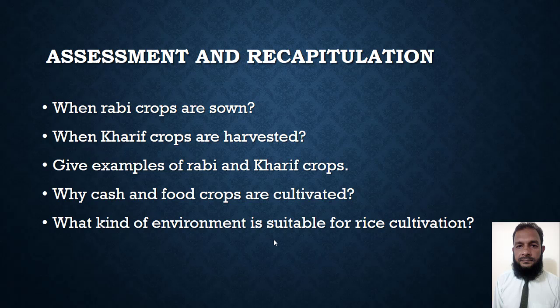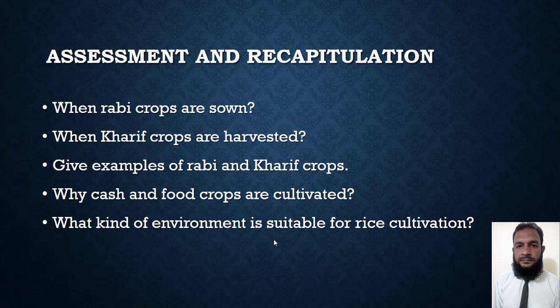So Rabi crops are sown in winter season, especially in November and December. When are Kharif crops harvested? Kharif crops belong to summer season crops. These crops are sown in summer and harvested in the winter, especially in November.